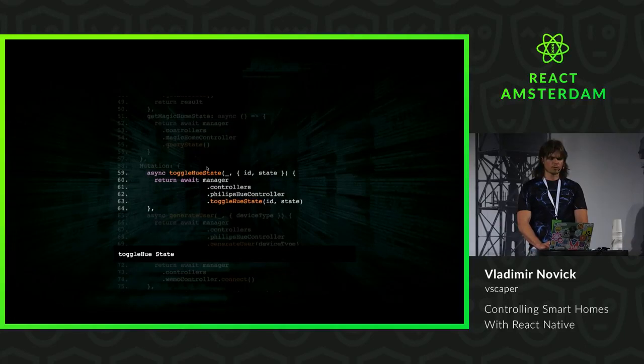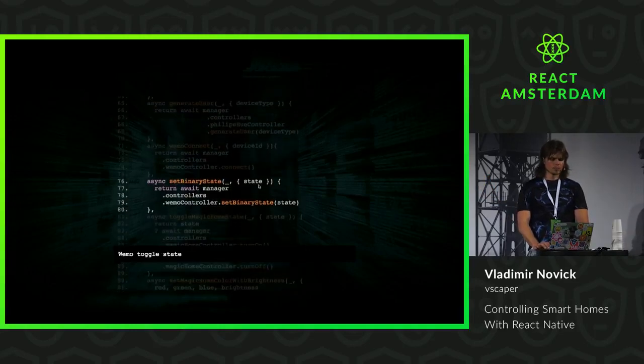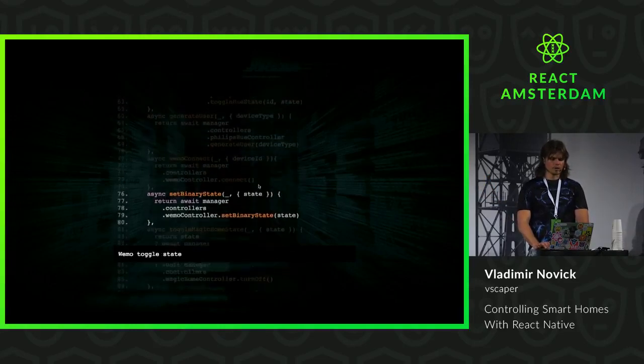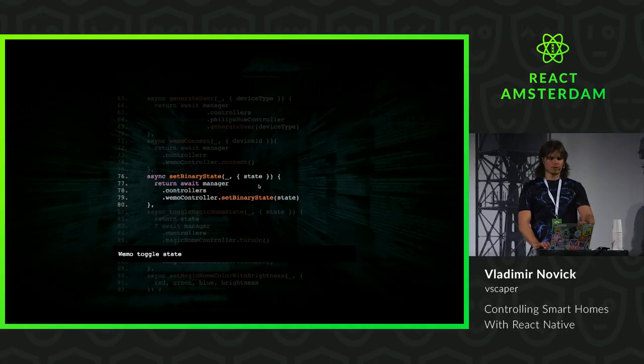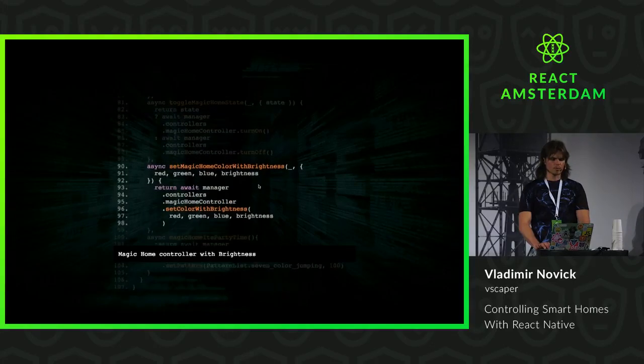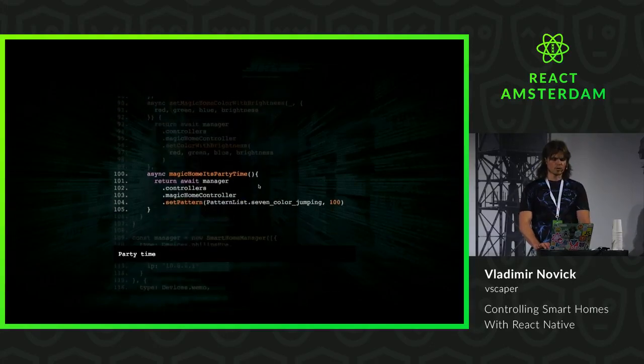And for mutations, I pass what the function requires. In this case, for Hue, I need an ID and a specific state. It keeps repeating the same pattern. Set binary state is for Wemo, for example, magic color with brightness, and this is party.